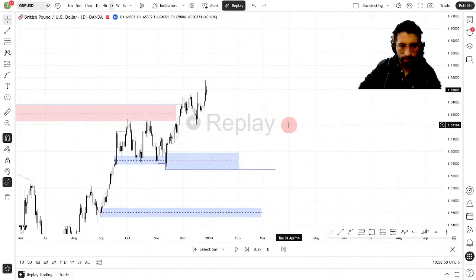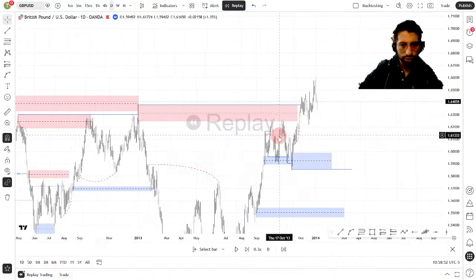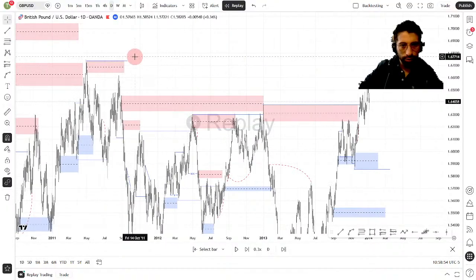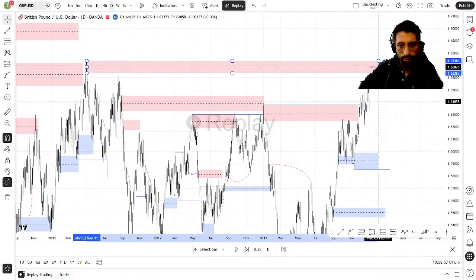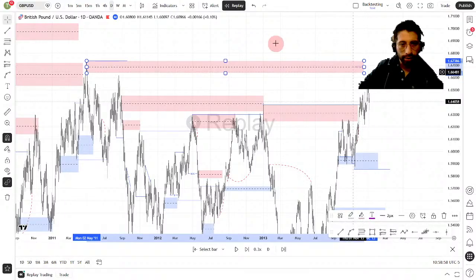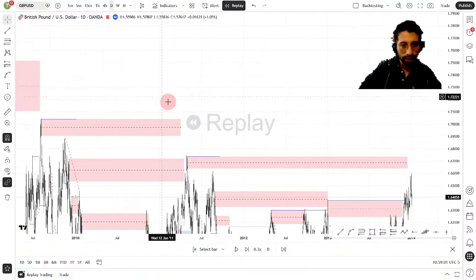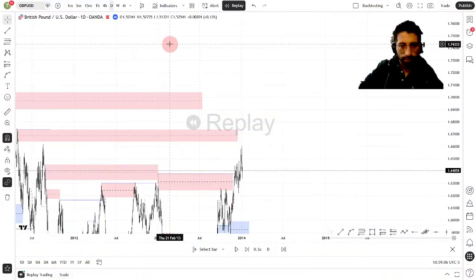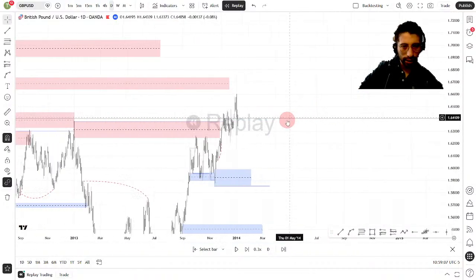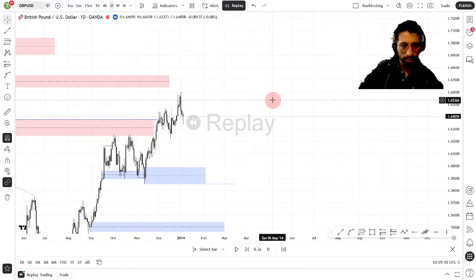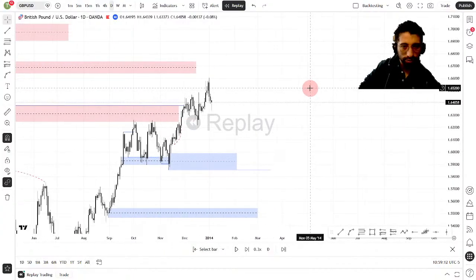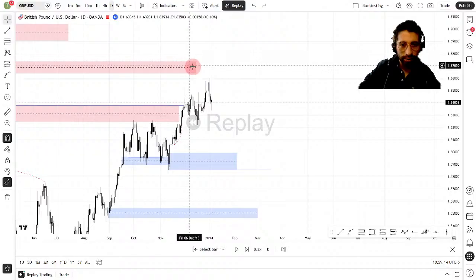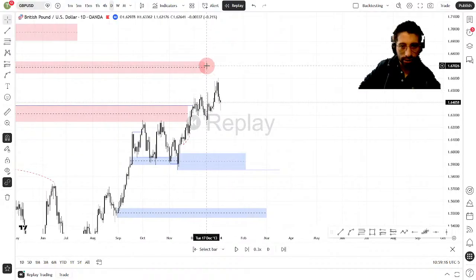Now let's see what happens if it continues pushing up. Now we also need to be aware about this, where the price is reacting. Remember that these are just zones that the price can take, right? Would they be taking it now? Not so sure. But we're just going to keep watching the price closely.